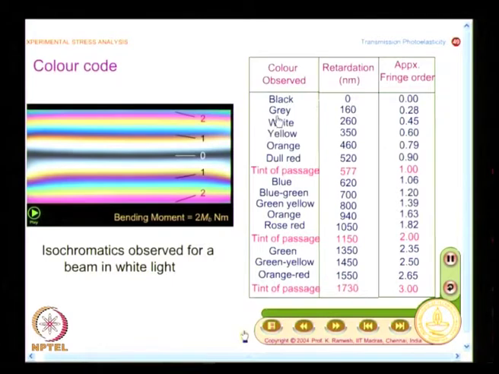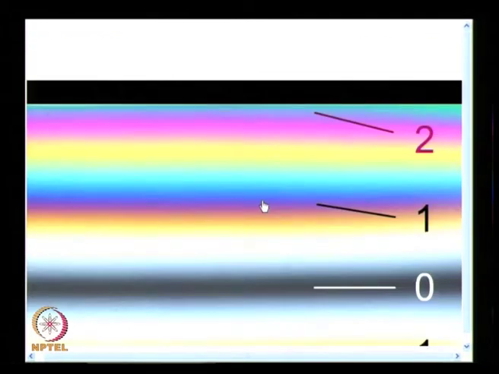See, in the case of a first fringe order, you have a transition between dull red to blue, and in the case of a second fringe order, it is rose red to green, and these are easily distinguishable when I magnify the picture. And I want you to have an appreciation of this. You see here this is 0, and see this is the dominance of blue here, whereas the red is also different. Here only you see the red, though it is called dull red.